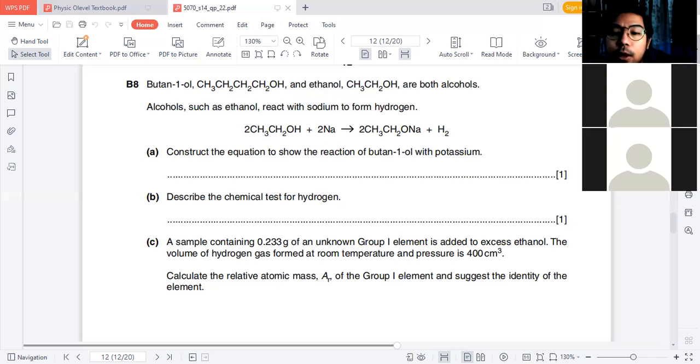This is the mole of hydrogen that I found, so the mole of that group 1 metal would be the same as Na, which is 2. So I times that by 2. So the mole is 0.333.